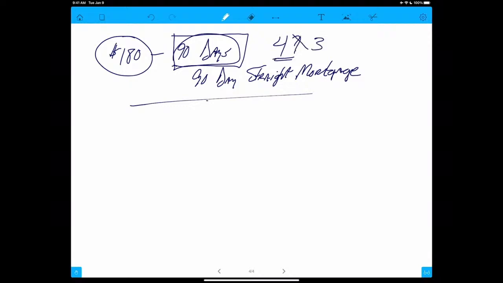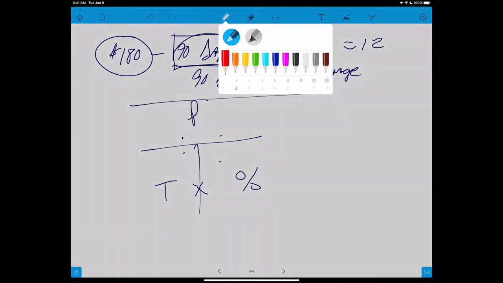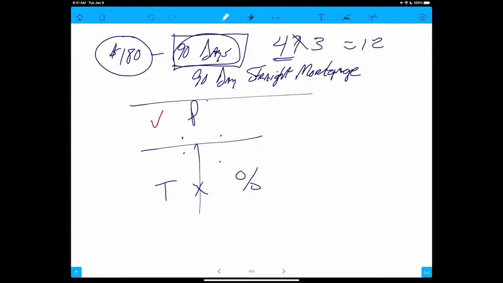4 of those. So 4 times 3 gives us 12 months in a year, right? So we have to convert. We have this T problem that I teach you in the class, and if there's a part, a total, and a percent, and you have one at the top and one at the bottom, the math tells you to divide.